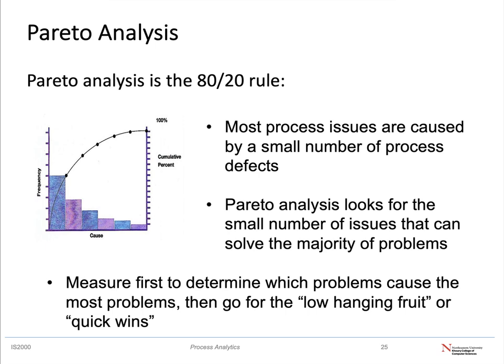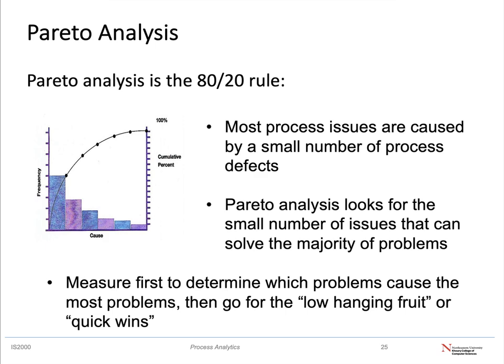It's named after an Italian, I think it was statistician, Vilfredo Pareto. He discovered that there is often in nature an unequal distribution of things. He, I think, originally found that 20% of olive plants produce 80% of the olives in most yards.